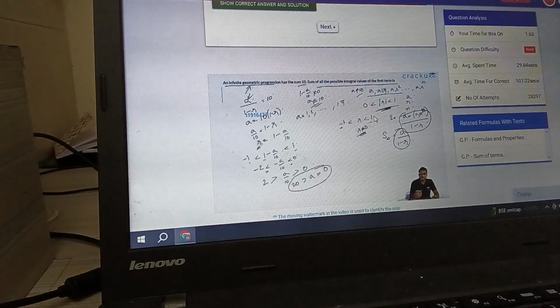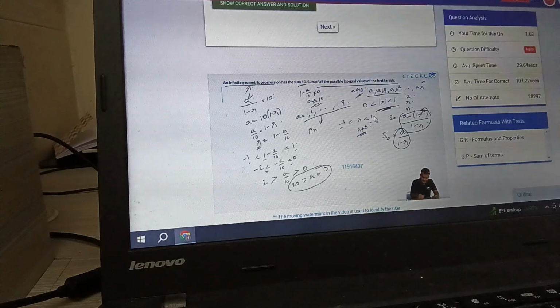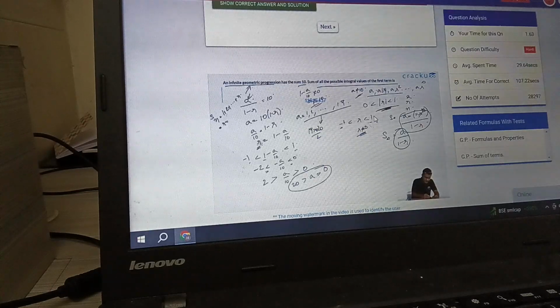So the sum of all the possible values of a will be the sum of the first 19 natural numbers minus 10. The sum of the first n natural numbers, 1 plus 2 till n, is equal to n into n plus 1 by 2.